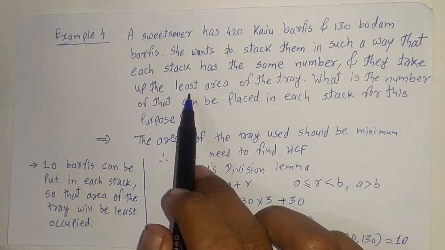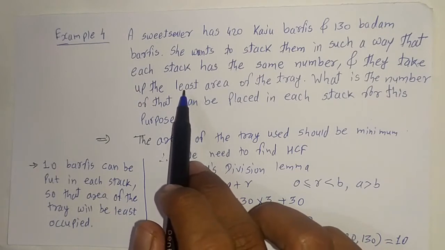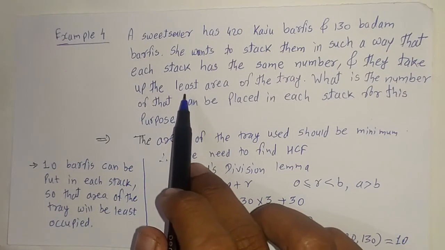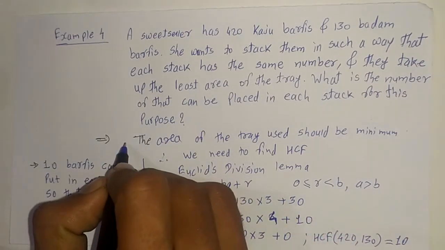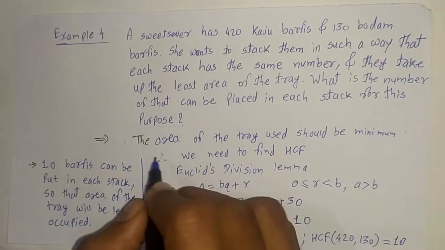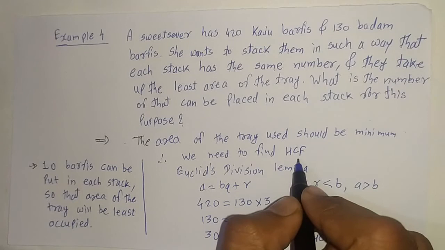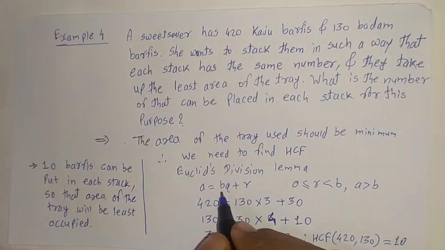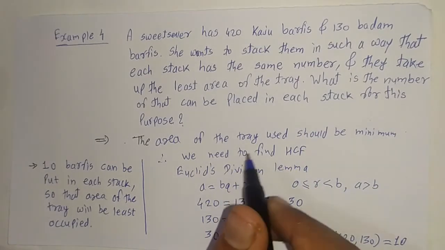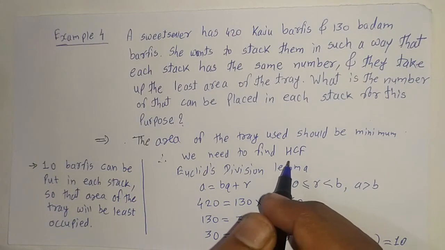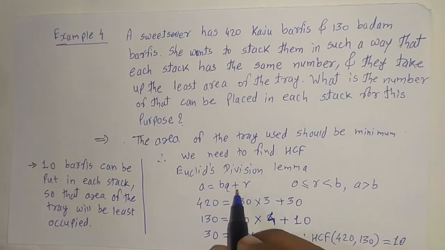We have to put the maximum number of burfis in each stack. It is a simple concept. This is important. Once you understand this statement, that we need to find the HCF, then that will lead you to the correct answer.